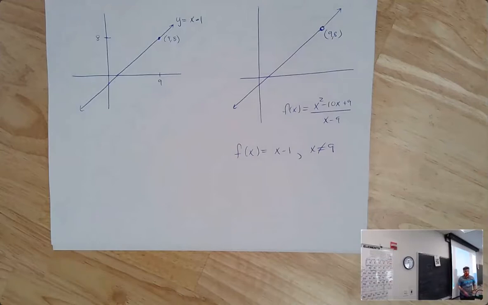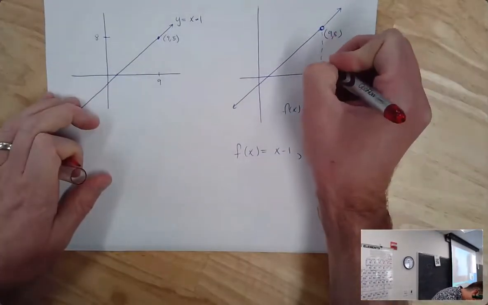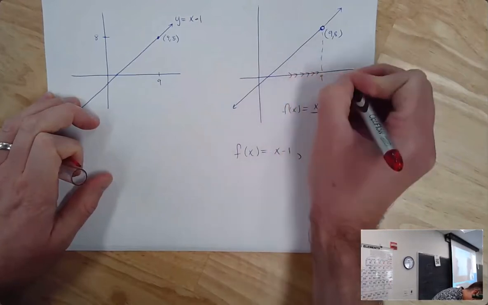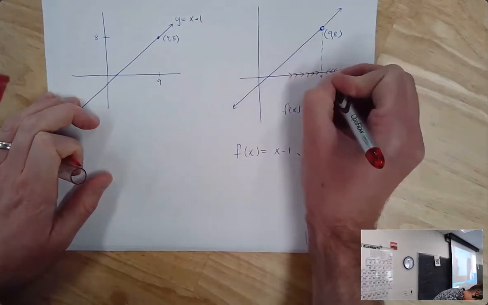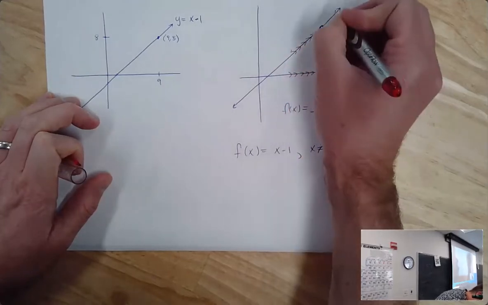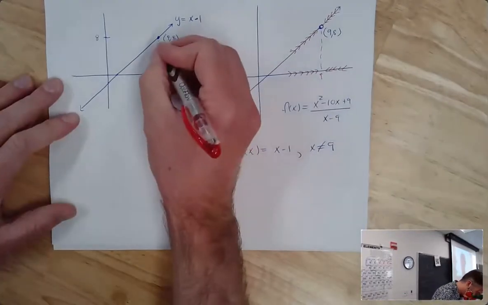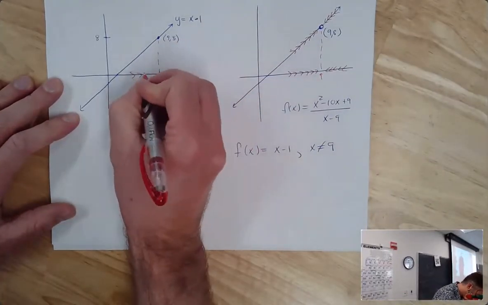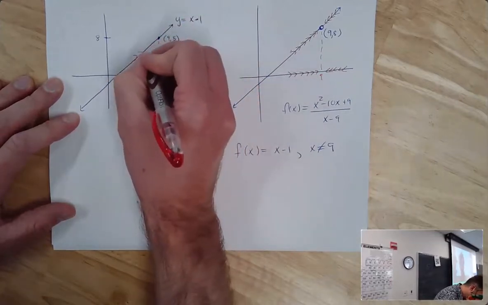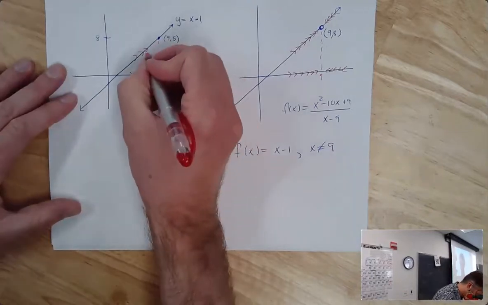We only care that as the x values get closer and closer to 9 from either side, the y values get closer and closer to 8. Same deal here. As the x values get closer to 9, the y values get closer to 8.